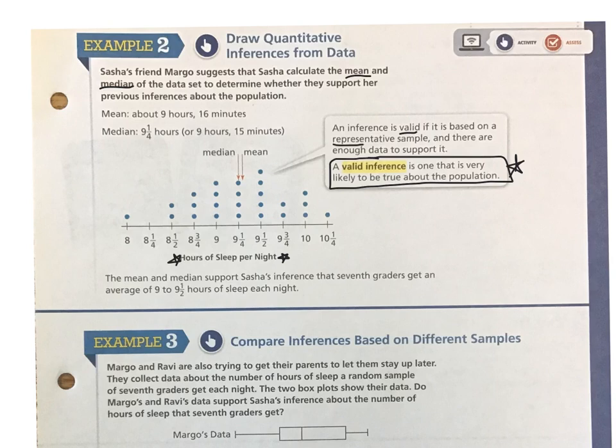So it has to be a representative sample, and there has to be enough data to support it. You can't just ask 2 friends or 3 friends, because that's not enough data to support a conclusion. In this case, the mean and median support Sasha's inference that 7th graders get an average of 9 to 9 1/2 hours of sleep each night.